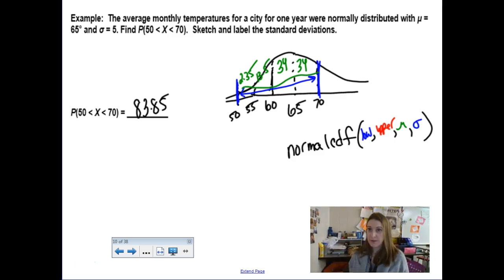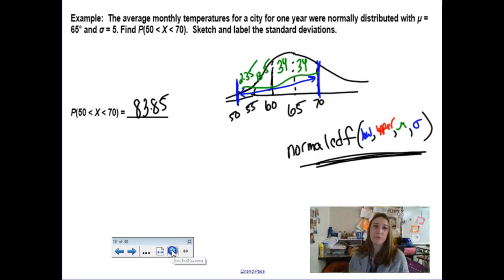So good news, if you have a newer calculator, you're not going to have to remember this order because it's going to just ask you for all those data values, and then it's going to paste it into the formula. If you're using an older calculator, you're going to need to have this written down somewhere. And I would suggest on our test for class, just use one of my calculators, but it's up to you.